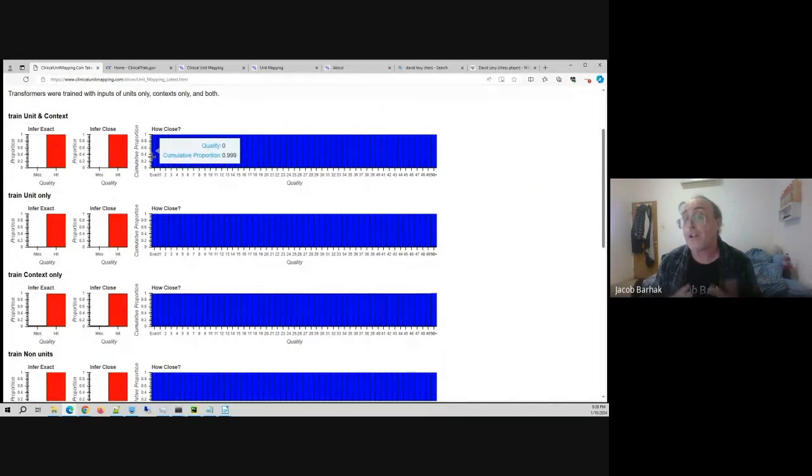Now if you actually go and see the results, this is how accurate it is. When you train, you not only train for the unit, you also train the unit and the context, and also only the context, and ask the system to infer the units. This is really interesting. Just to give you an idea, context is like weight, and the unit is kilograms or grams.